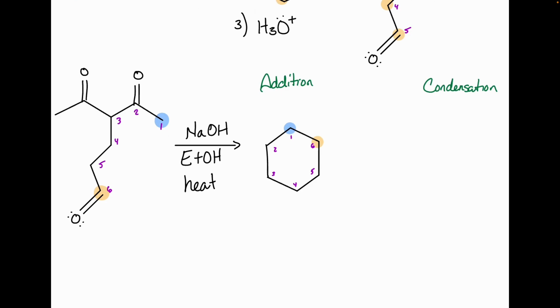All right, so on carbon 6, since that was my electrophile, I'm going to have that OH group. On carbon 1, that's my nucleophile. Carbon 2, I will still have that carbonyl group.